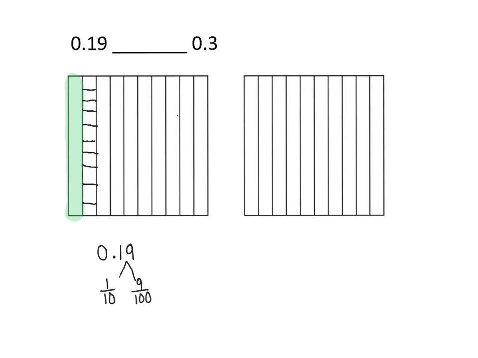So we split that up into tenths. In that tenth, we made another tenth, which would give us 100. So now we need to color in 9 hundredths. So here we go. We got 1, 2, 3, 4, 5, 6, 7, 8, 9. So that represents 19 hundredths.